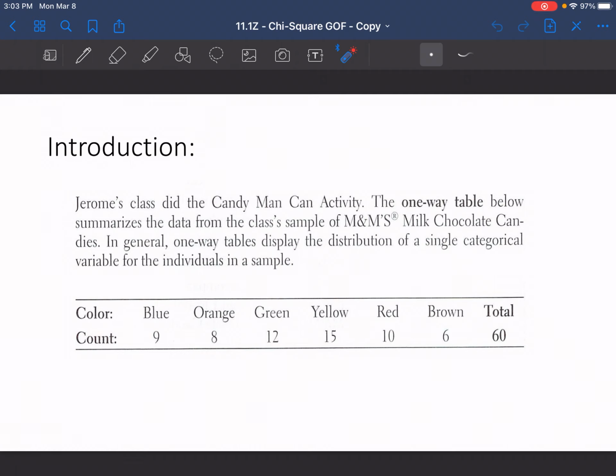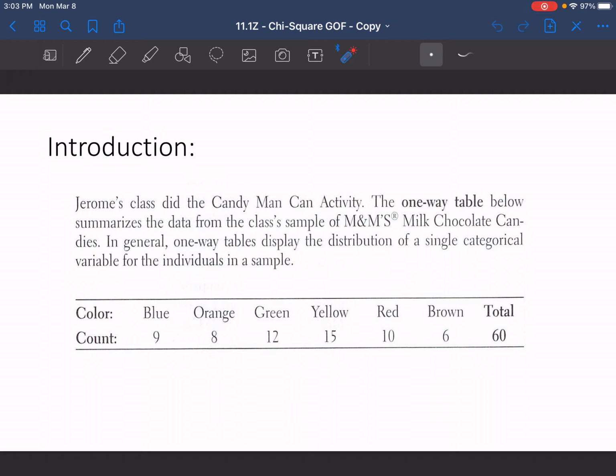So in this example, Jerome's class did the Candyman can activity. The one-way table below summarizes the data from the class's sample of M&M's milk chocolate candies. In general, one-way tables display the distribution of a single categorical variable for the individuals in the sample.